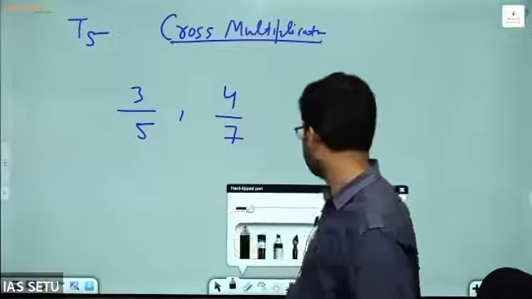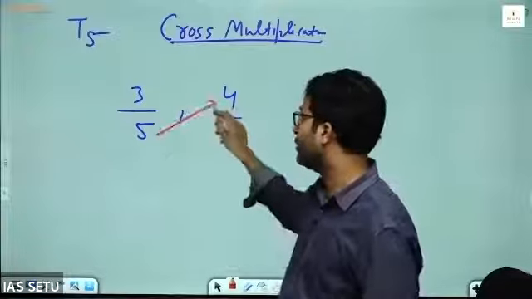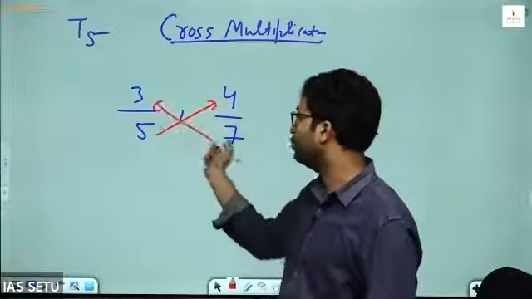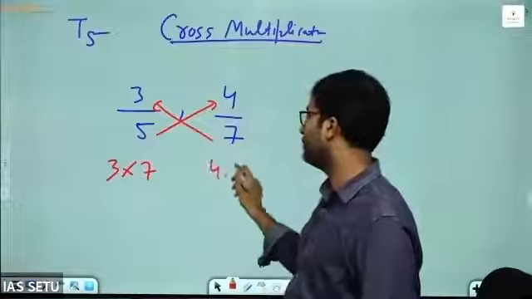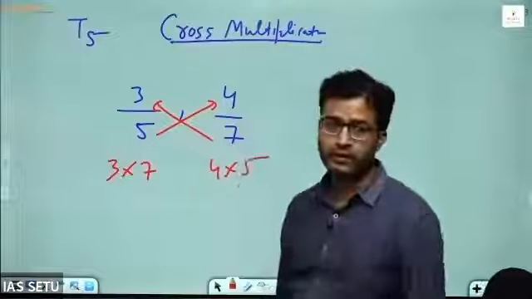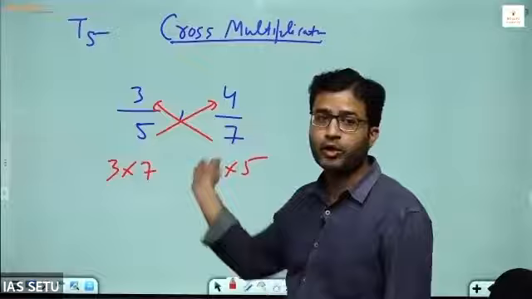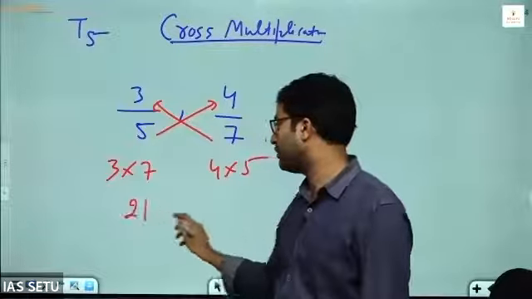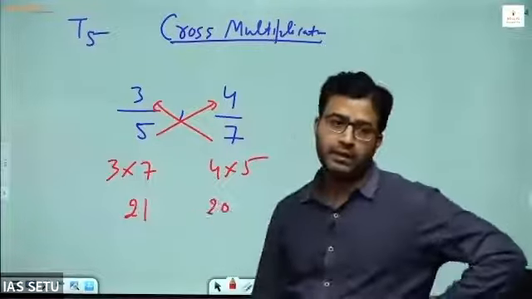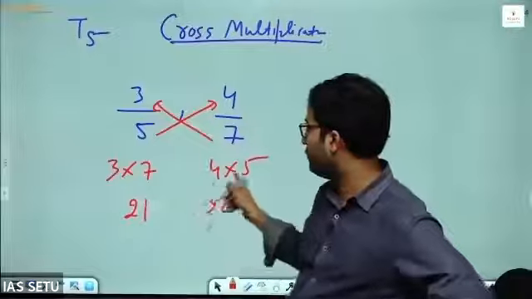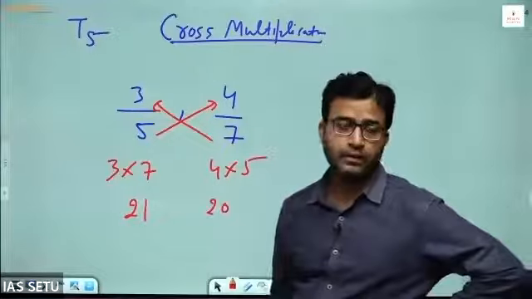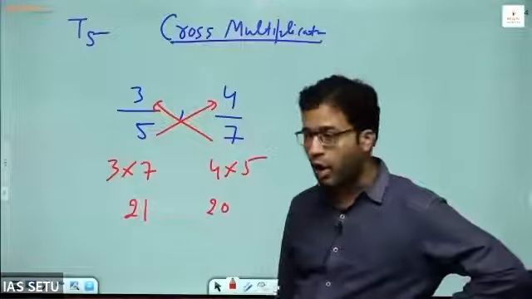What is this cross multiplication method? You take denominator other side and multiply. You take 7 this side. So this will be 3 into 7 and here it will be 4 into 5. Cross multiply. Take denominator other side. So this is 21, this is 20. 3 into 7, 21, 4 into 5, 20. Now we compare this.